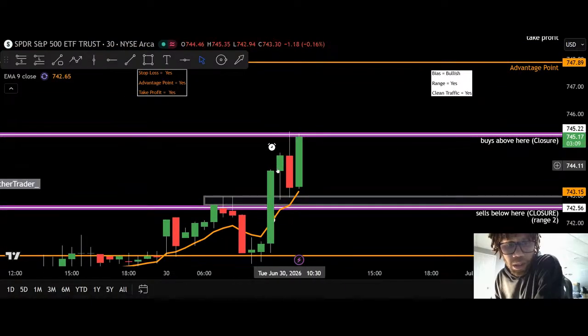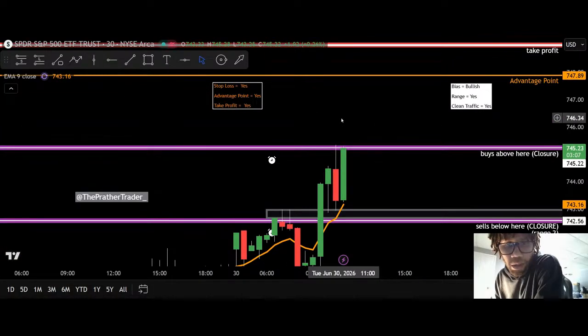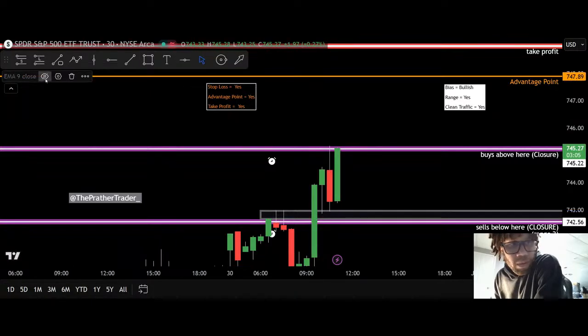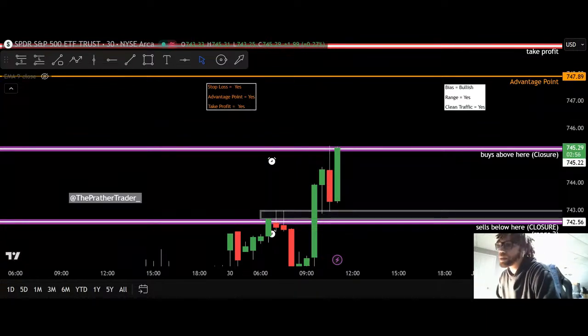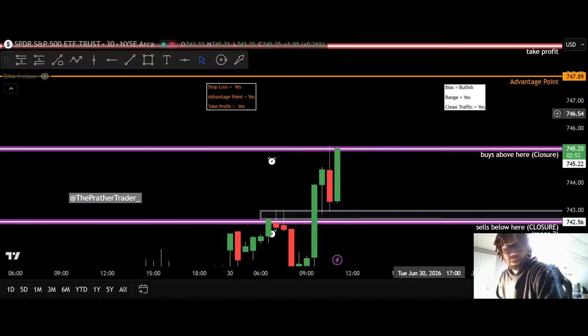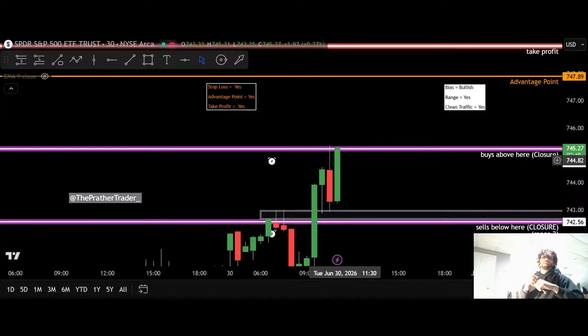Got some retests. About to be a bullish 30-minute candle. All right, I am having conviction in this long, so let me get my stuff ready. We want this 30-minute candle to close with a top wick. That's what we want. Let's see.